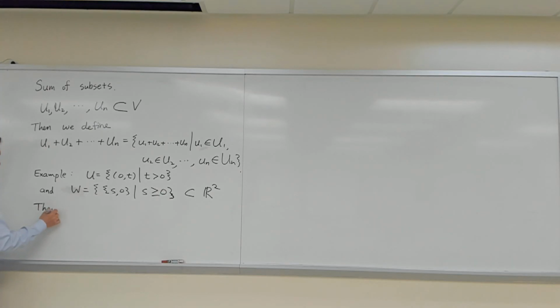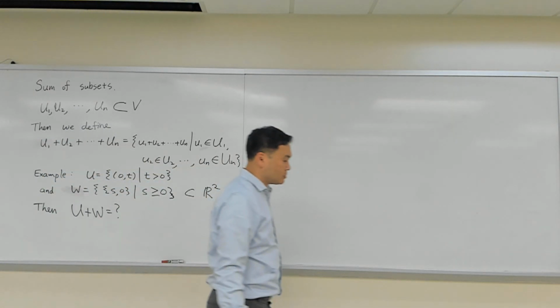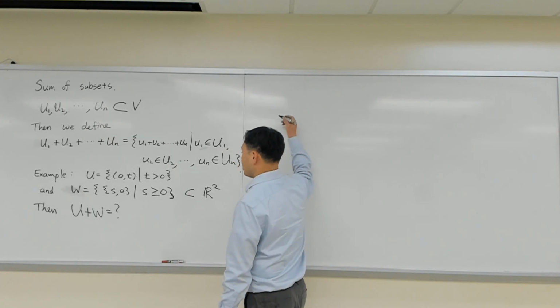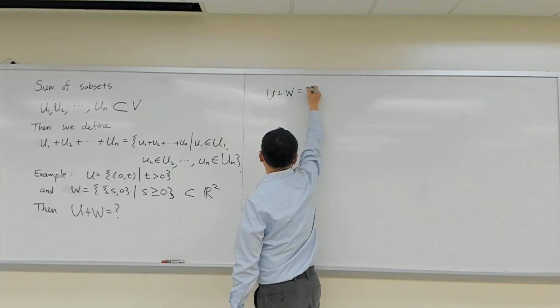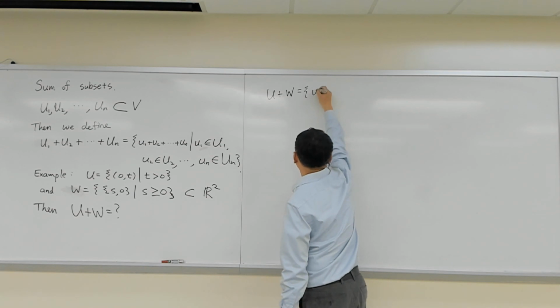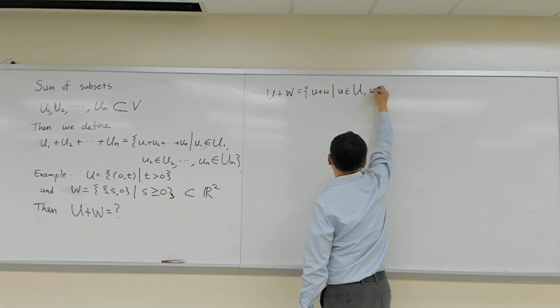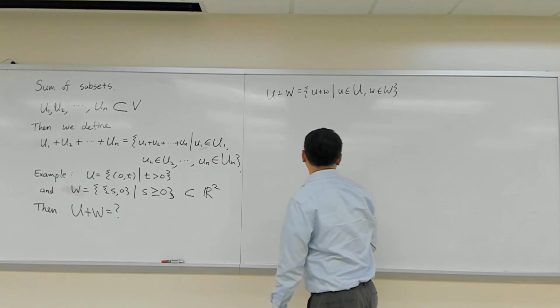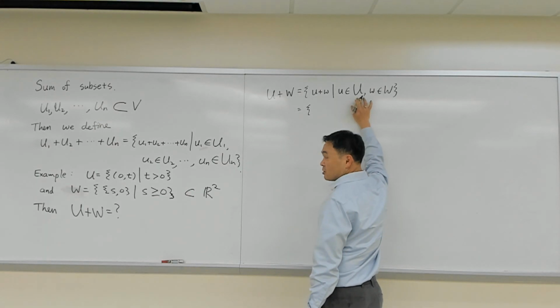Then, what's U plus W? Well, U plus W is the sum of u plus w, where u belongs to U and w belongs to W. That's the definition, right? And therefore, what does it mean to be in U?